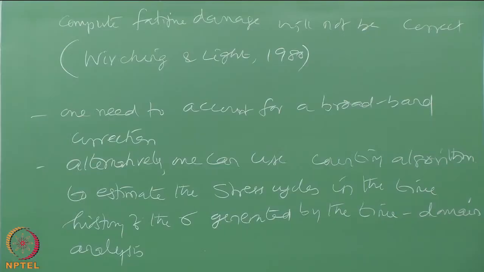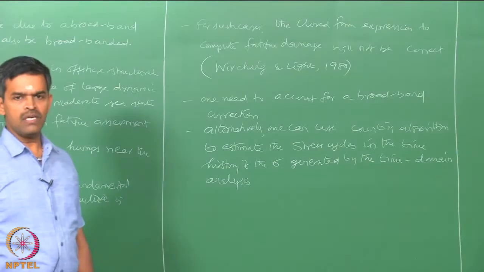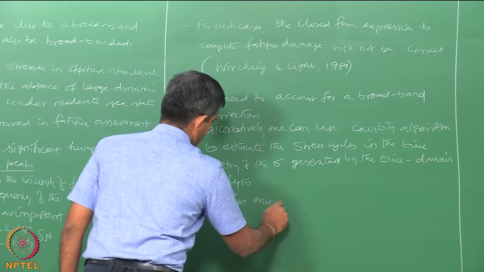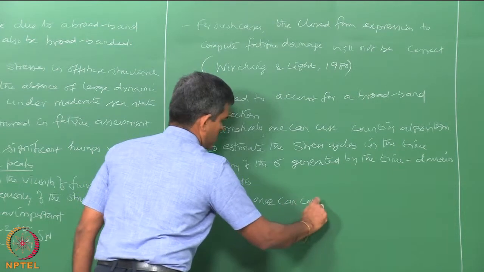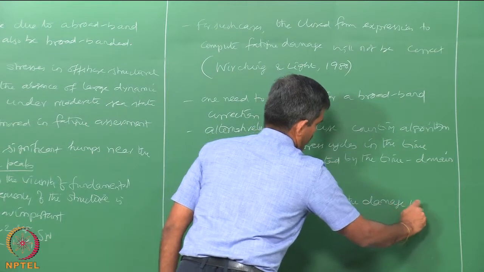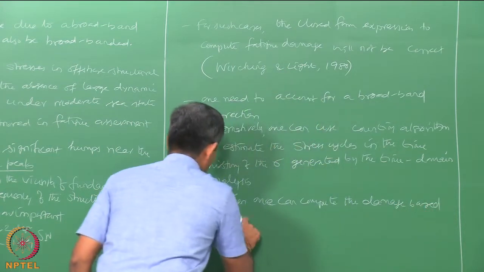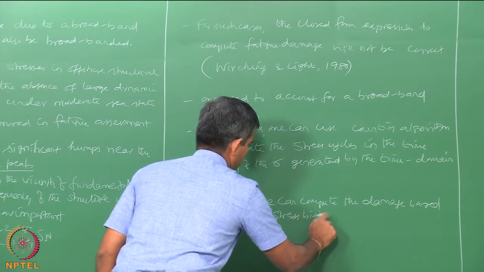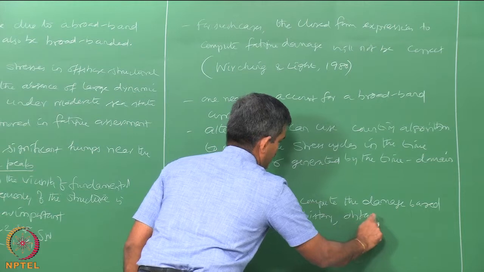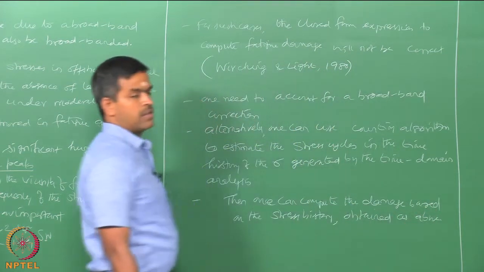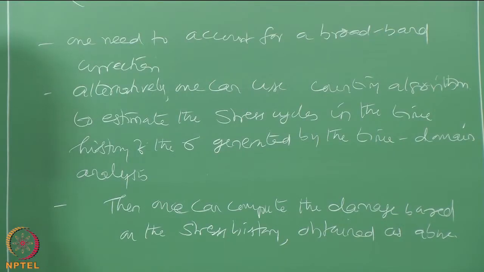So, then one can use this estimate of stress history to obtain the damage. Then one can compute the damage based on the stress history obtained as above, okay, from this process. Instead of assuming the stress history as a narrowband process, you go for a typical counting algorithm.